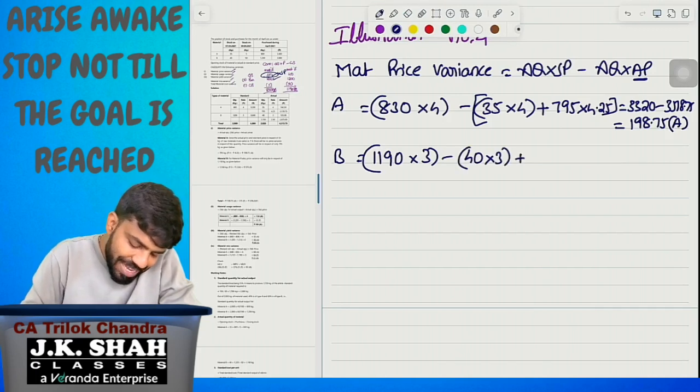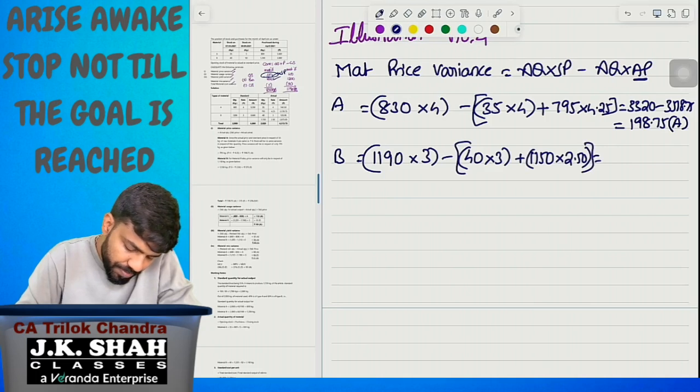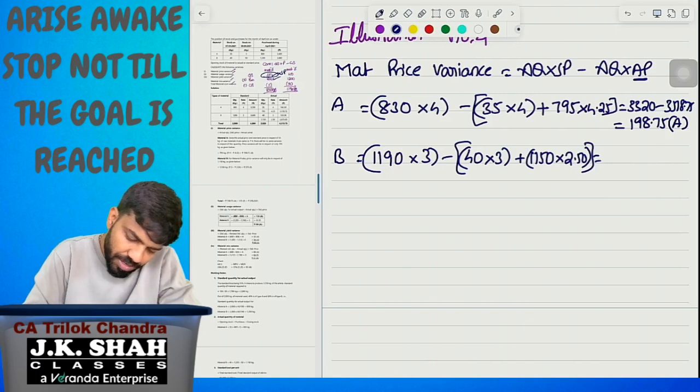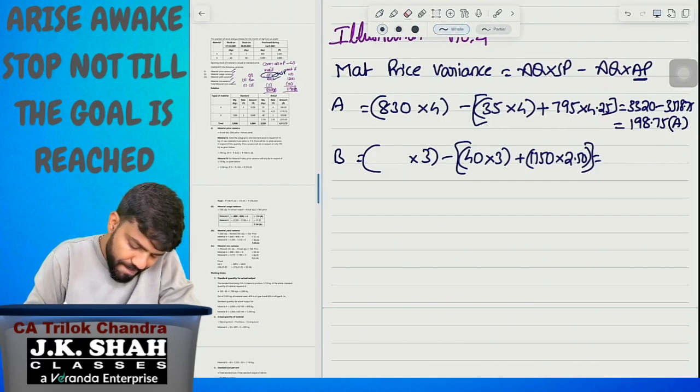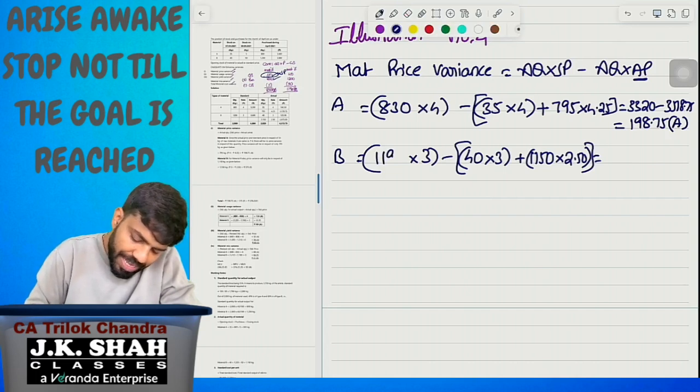Plus balance 1150 kgs valued at 2.50. Here we'll take the actual quantity, 1190. 1190 is the actual consumption.